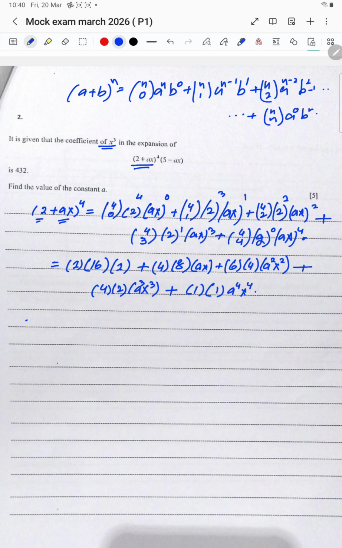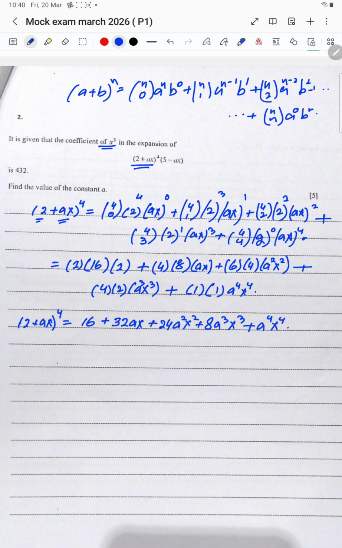Further we can write it in a more simplified form like this, and you will see it will be 16 plus 32ax plus 24a square x square plus 8a cube x cube plus a^4 x^4. Fine. This is the expansion.